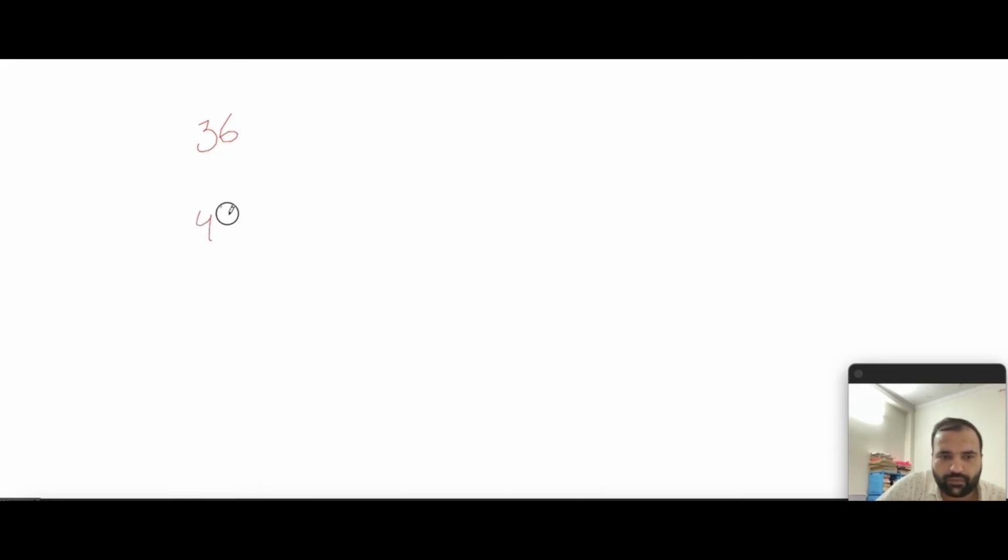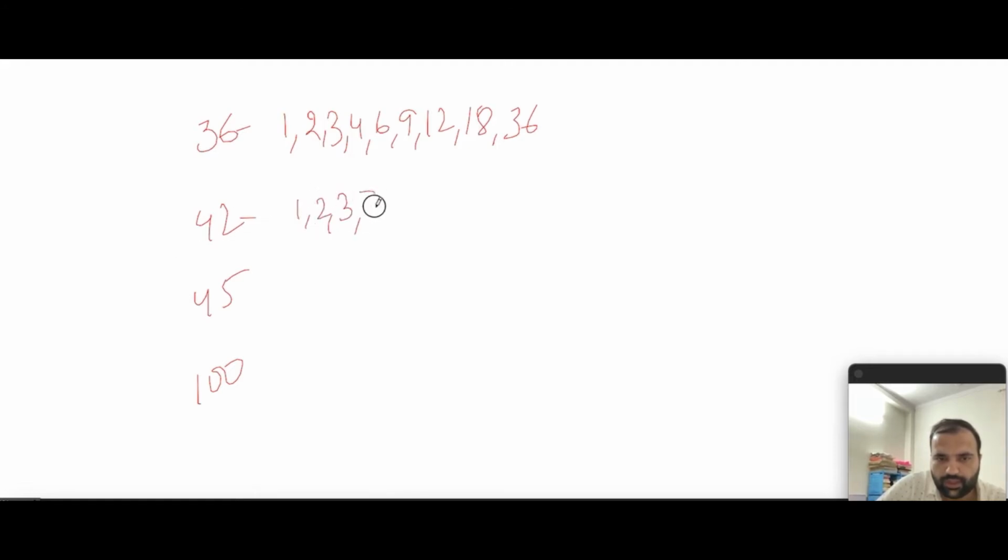We can take 42, 45, and 100. Odd, even, perfect square, I've taken all sorts of numbers over here. If you look at the factors of 36: 1, 2, 3, 4, 6, 9, 12, 18, and 36. With 42: 1, 2, 3, 6, 7, 14, 21, 42.